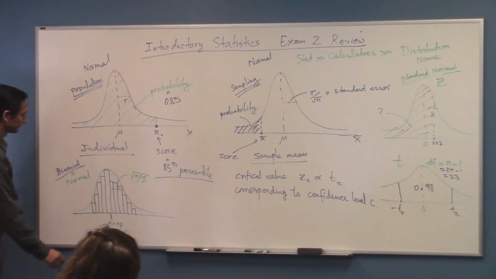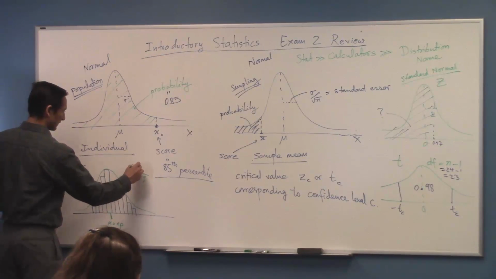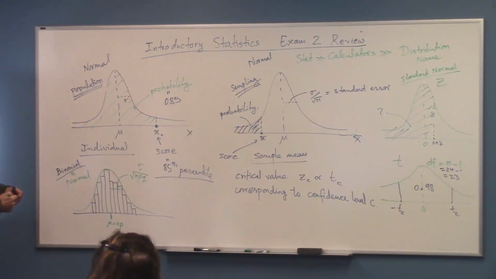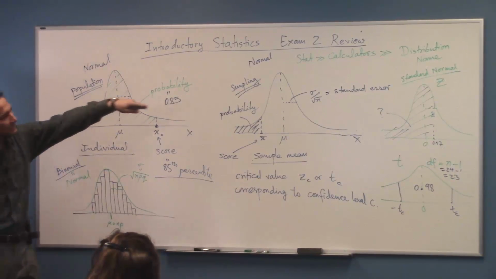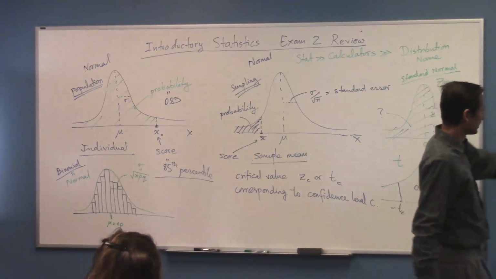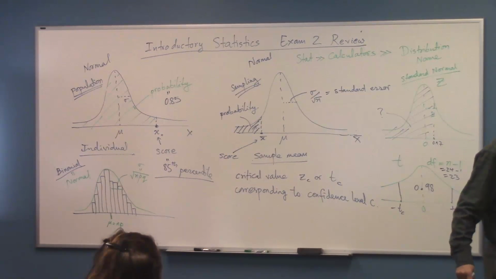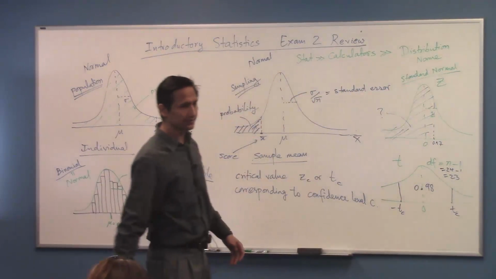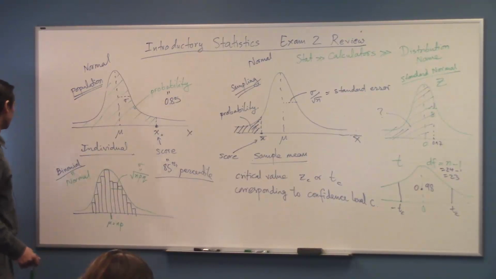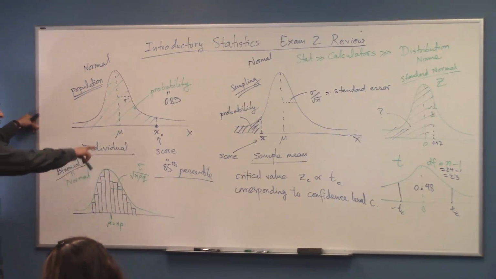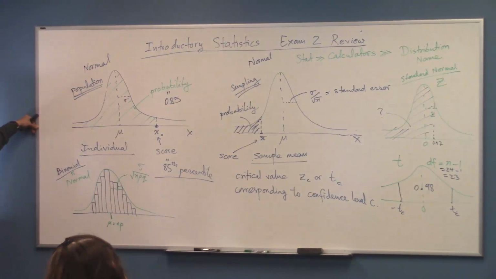But we can approximate only if it satisfies these two criteria: if both np and nq are greater than or equal to 5, then we can make this approximation. Otherwise, we have to use binomial.